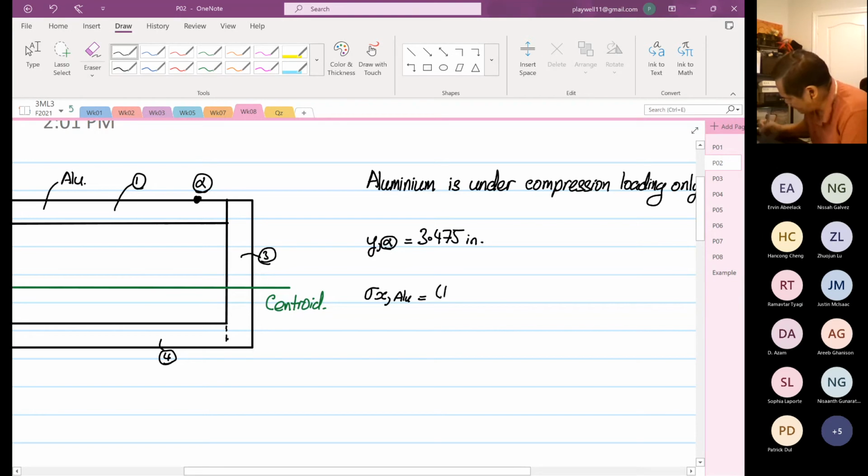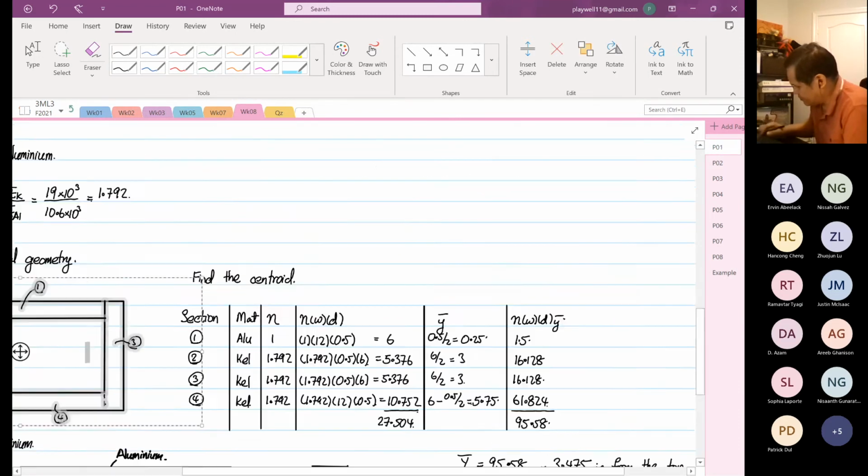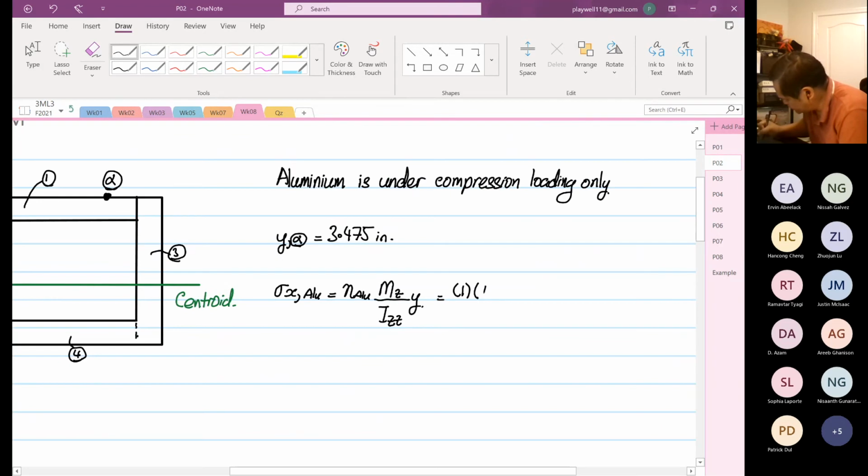Okay, so let me write out the formula first. Okay, so it's sigma aluminum, right? And then M Z over IZZ multiplied by Y. Okay. So this will be equal to 1. M, the moment we calculated, is equal to, what was it? I can't remember now. It's equal to 10800. Okay, 10800.